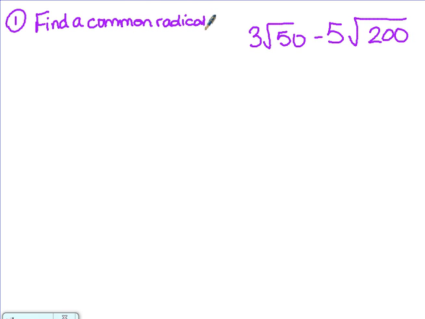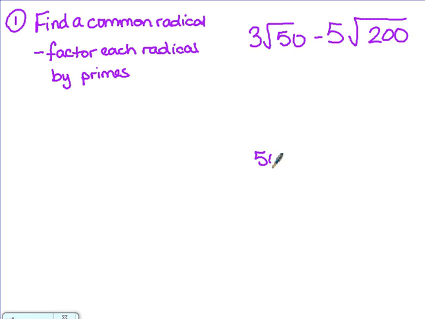The way that we need to do that is we need to factor each radical by primes. So we're going to factor each radical by primes. We're going to go 50 and 200.